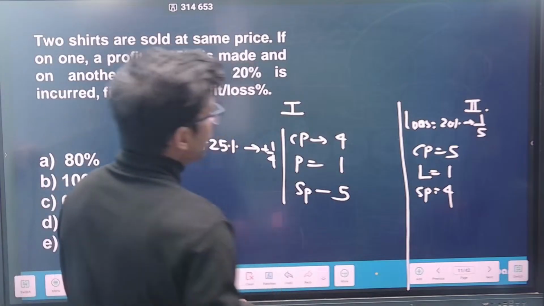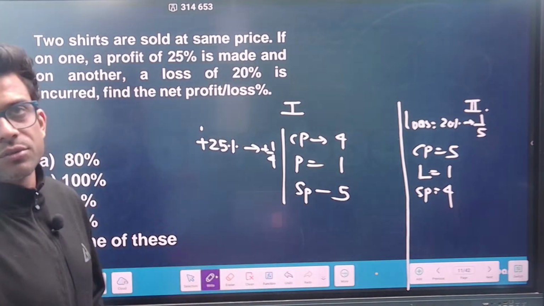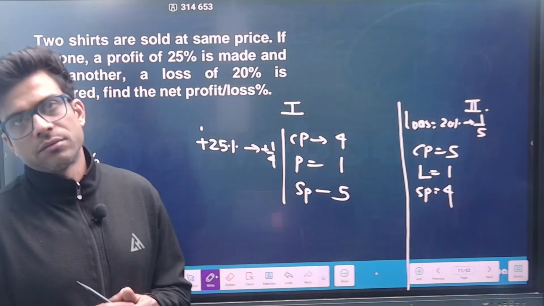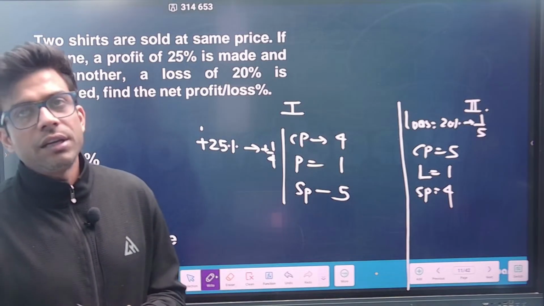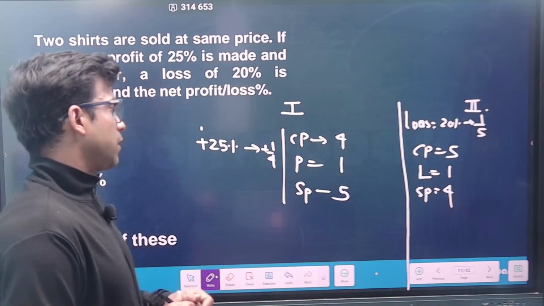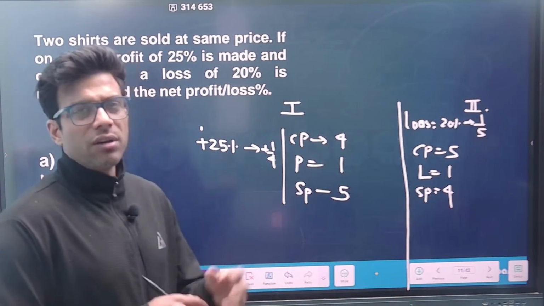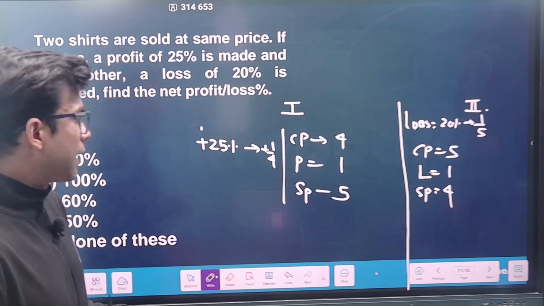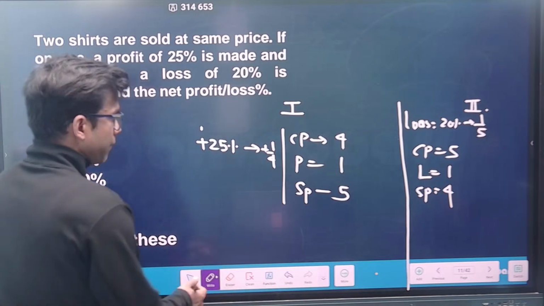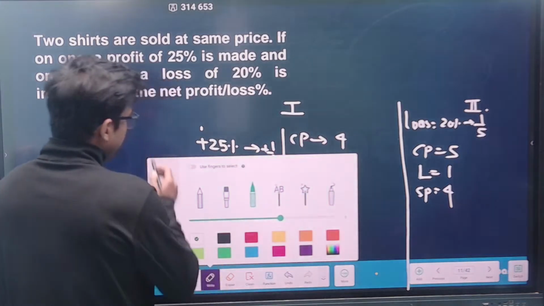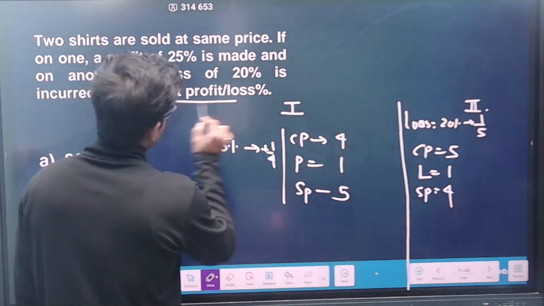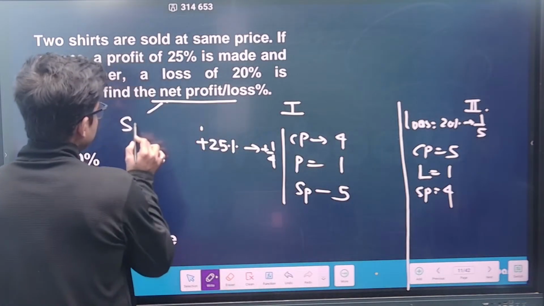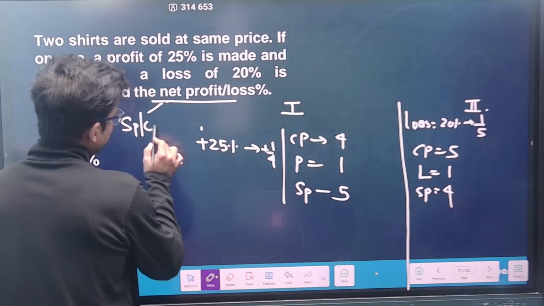Now the point here comes. To figure out the net profit and loss, what we need to do? We need to make the selling price equal. Then only we can figure out the net profit. So for that, what you need to multiply? See, for the net profit, guys, your selling price would be equal, na?